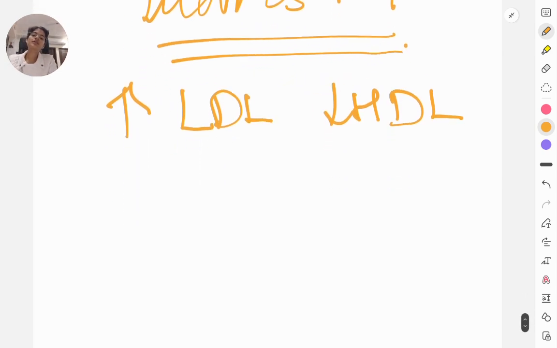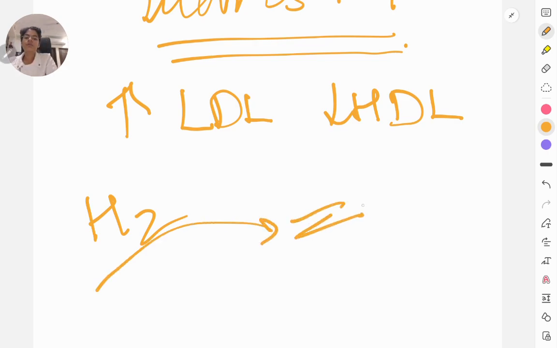It actually possesses the double bond, and it is formed by partial hydrogenation of vegetable oil.